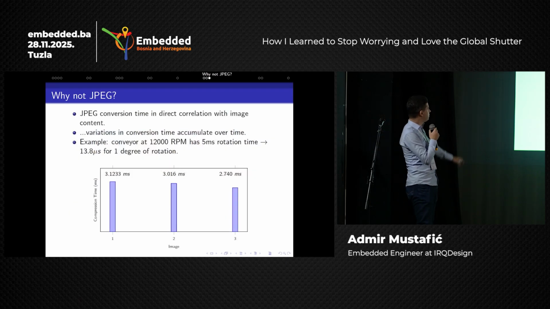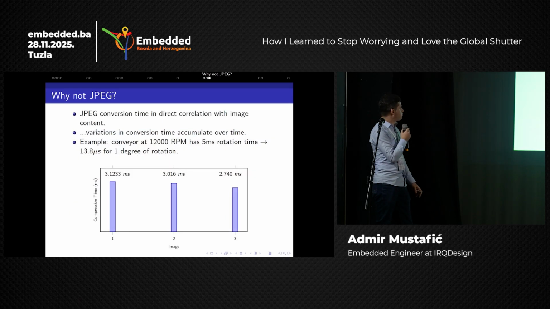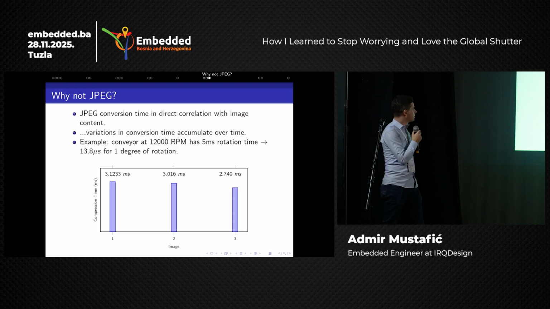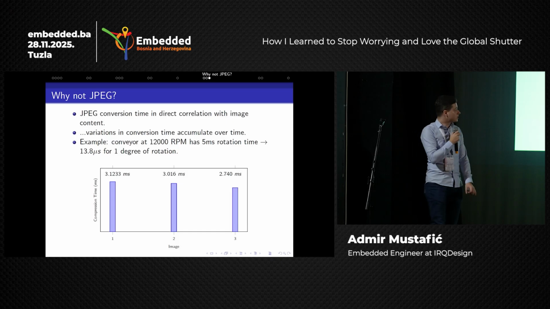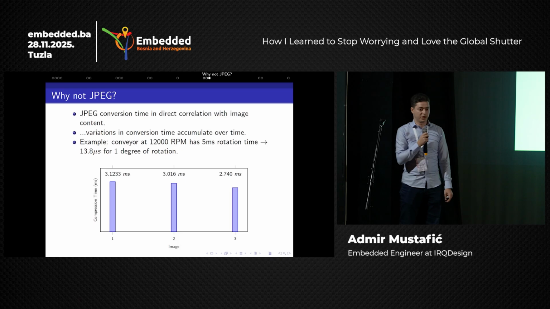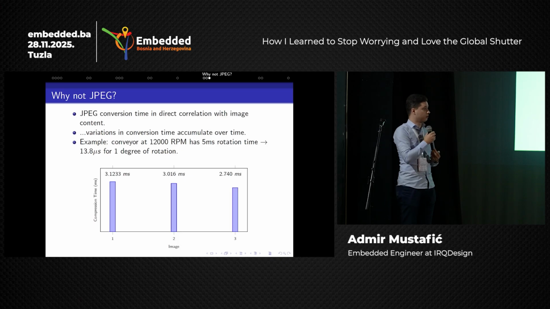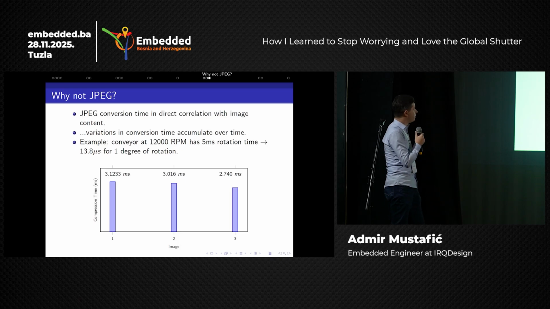We see for the first image, we have a time of 3.123 milliseconds. For the second image, 3.016 milliseconds. And for the third image, 2.74 milliseconds. So, at first glance, not too bad.